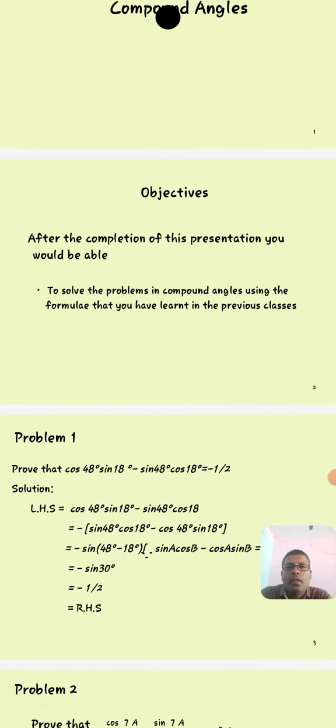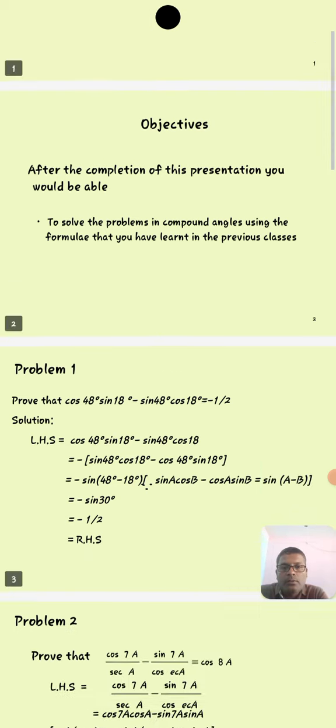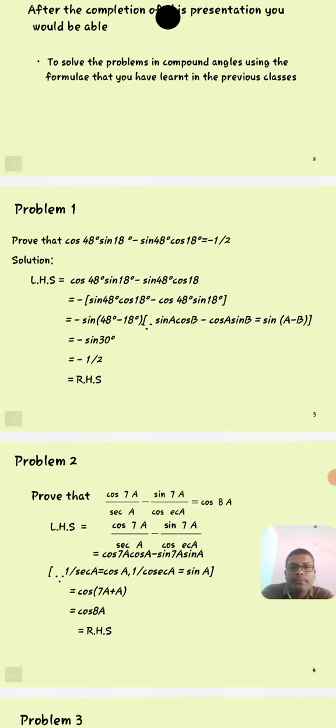After the completion of this presentation, you will be able to solve problems in compound angles using the formulas that you learned in the previous classes. Already we learned the formulas of sine of a plus b, cos of a plus b, and so on. Now we start the problems.